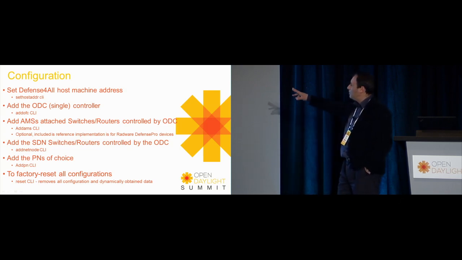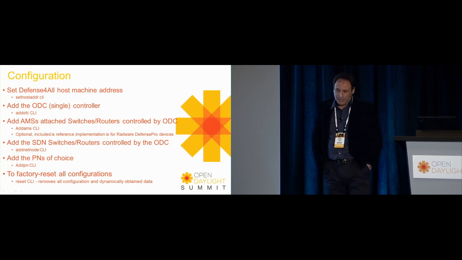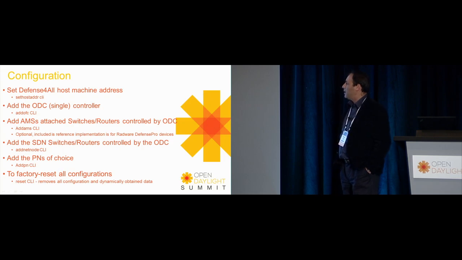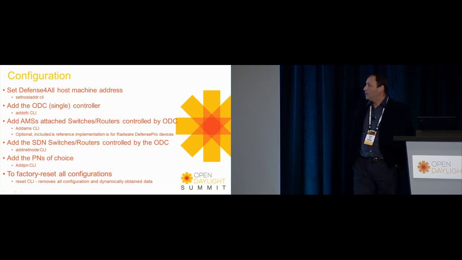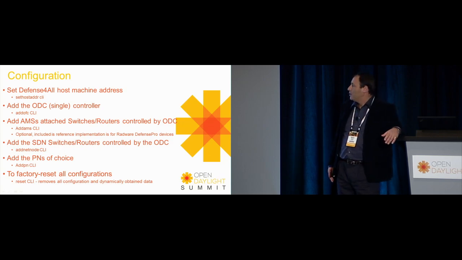In the next step, you have to tell Defense4All what SDN switches or routers it should use. And finally, and that's the most important step, you tell what protected networks, or in short PNs, you want Defense4All to protect.